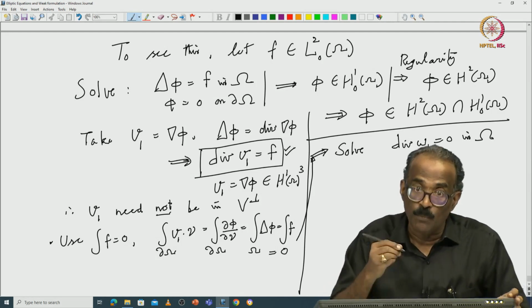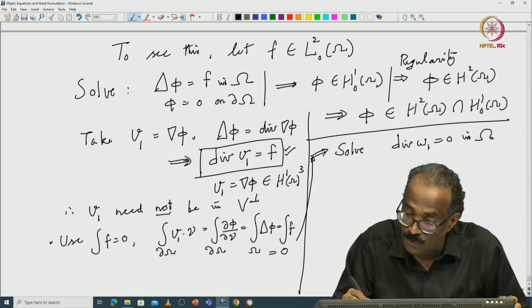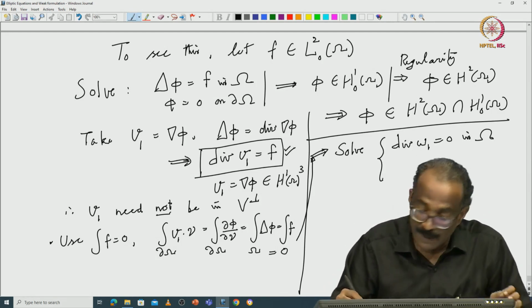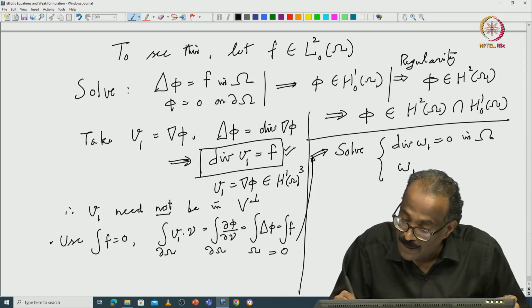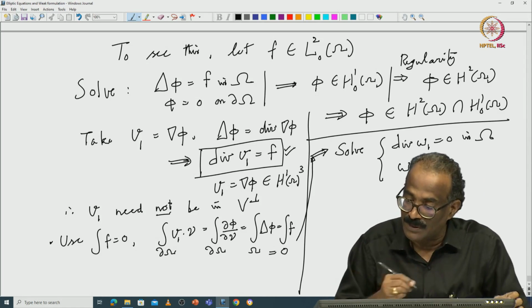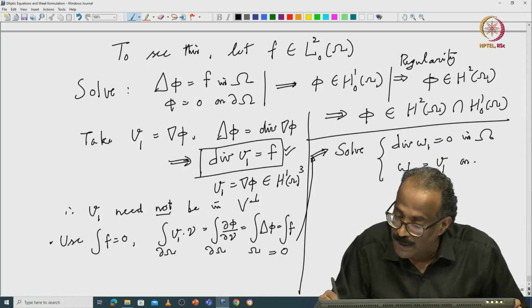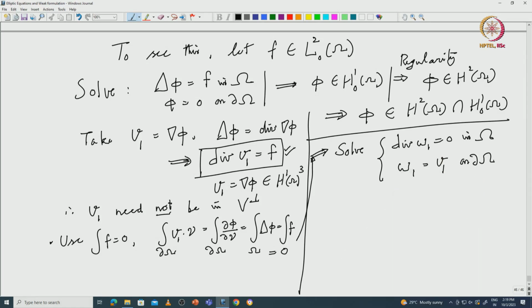So I am removing a divergence free vector, keeping the boundary values the same on the boundary of omega, and I want W1 to be in H1 of omega to the power n, which you can do. As I said, I will discuss this.